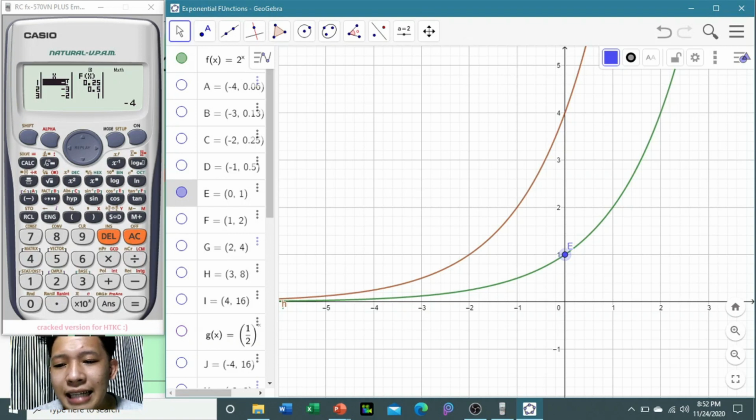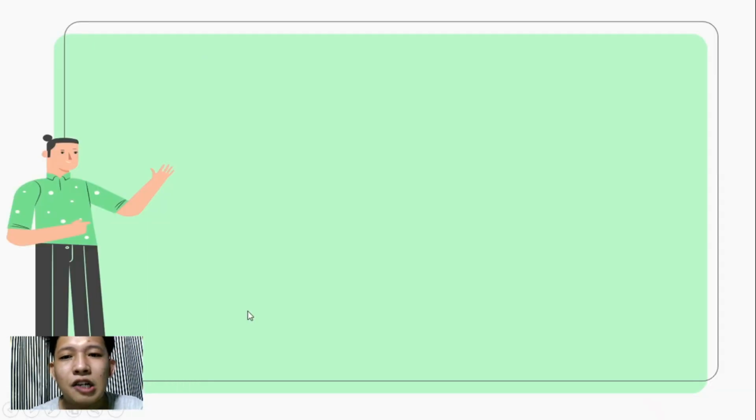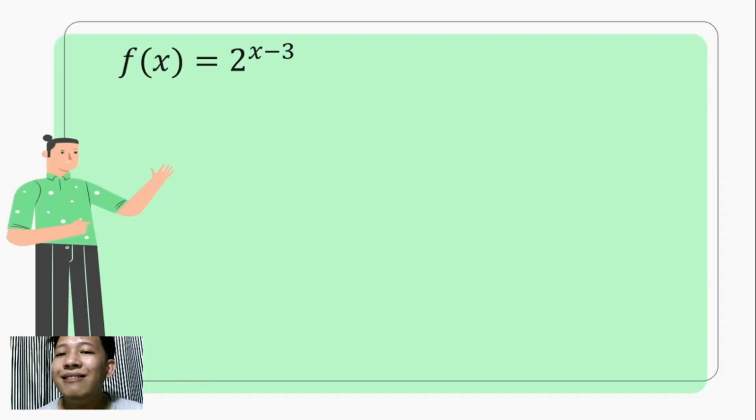So, let us have another modification. What if we now did subtract a certain value to our exponent? Okay, suppose we have f of x equals 2 raised to x minus 3. Okay, so ano pong mangyayari po dito?